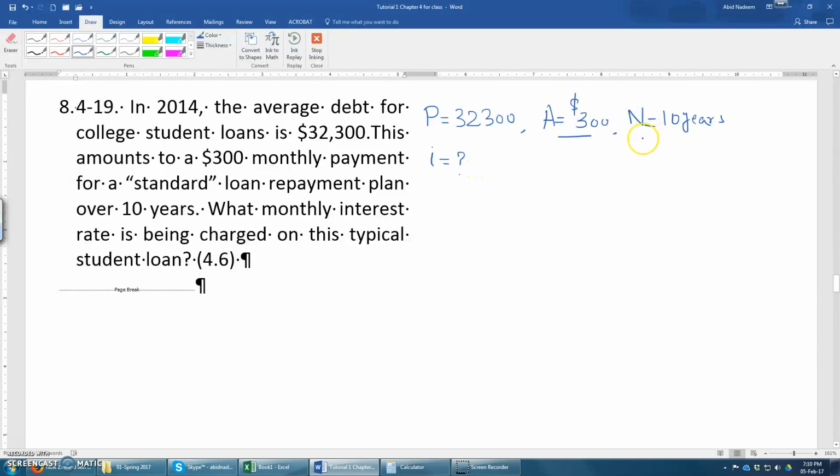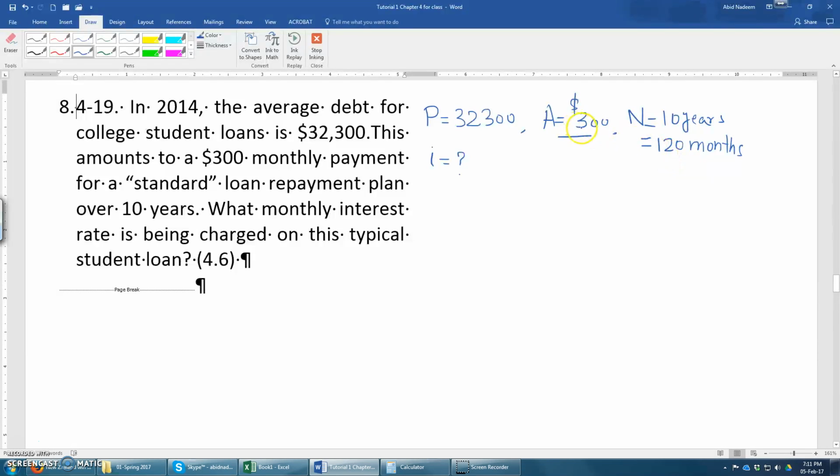In this case 10 years will be equal to 120 months, so therefore a total of 120 payments, and each payment is $300.